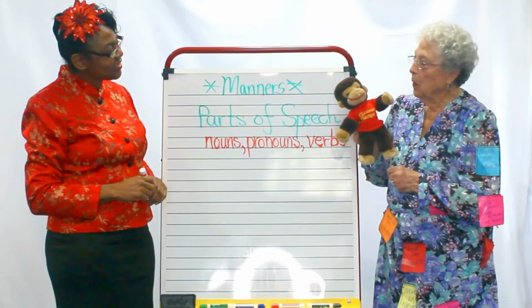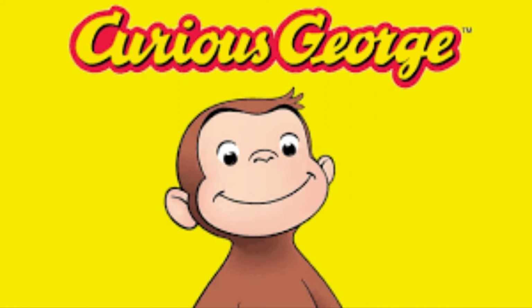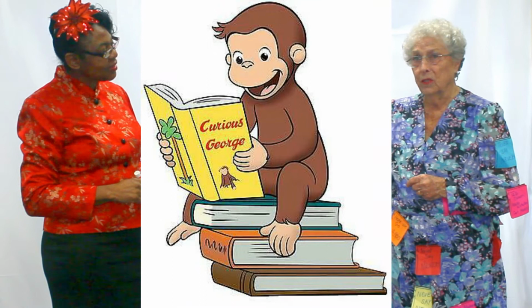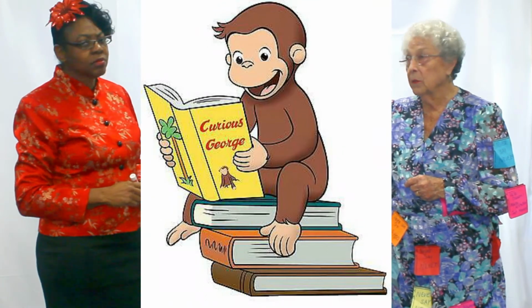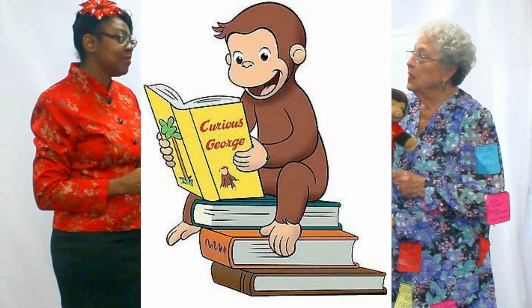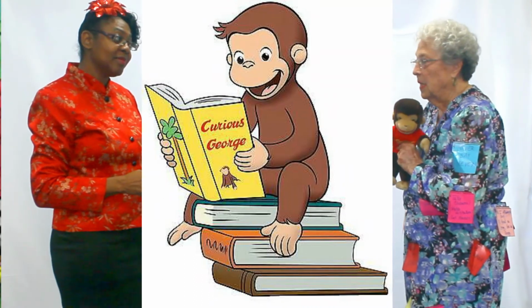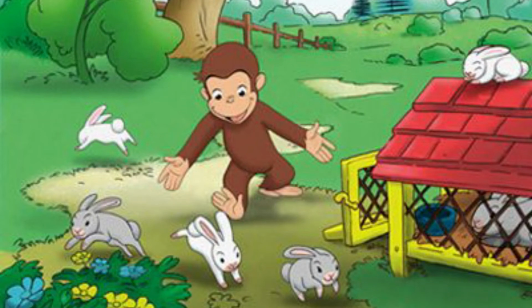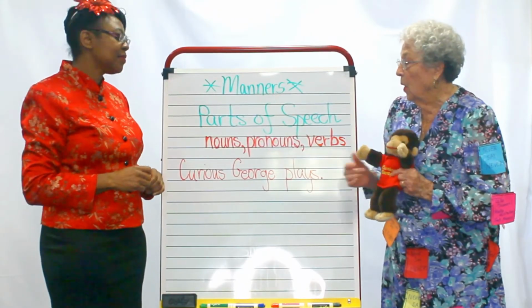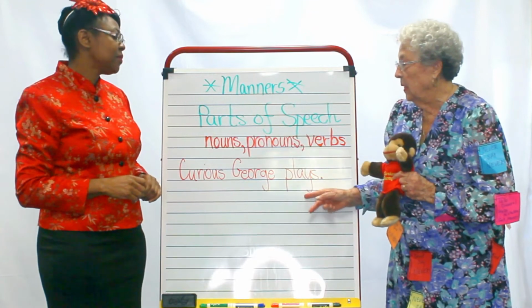All right, boys and girls, we're going to try some sentences using Curious George. Now, Curious George is not a person. Is he a place? No, ma'am. He is a type of animal. So, Miss Shiela, would you write a sentence about Curious George using just that he is a monkey and what he is doing? Okay, boys and girls, Miss Shiela has written Curious George plays.